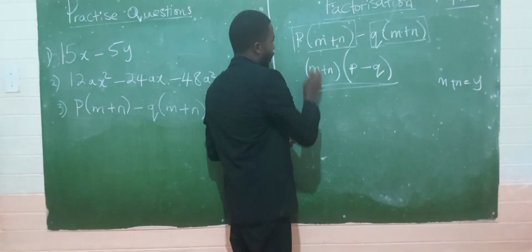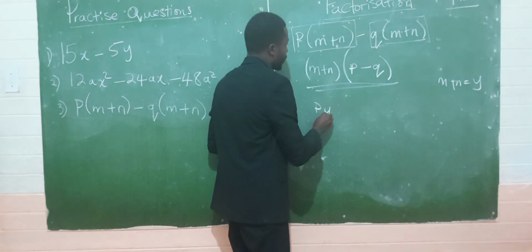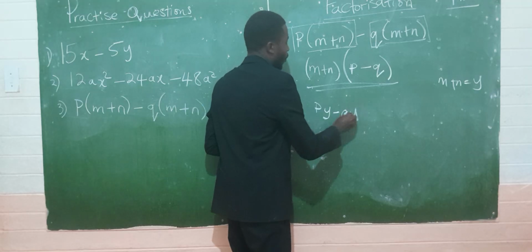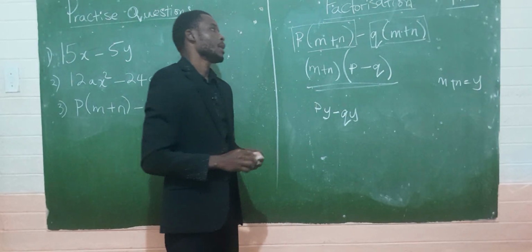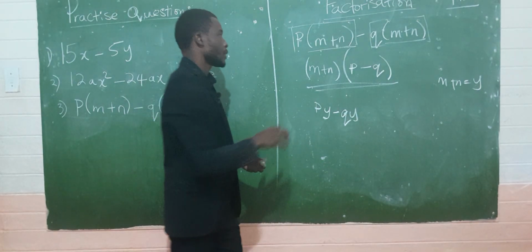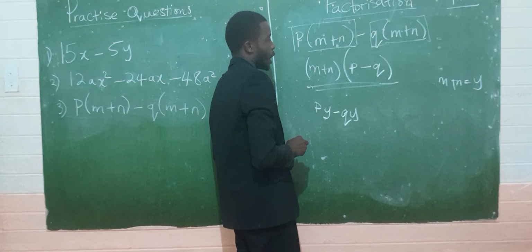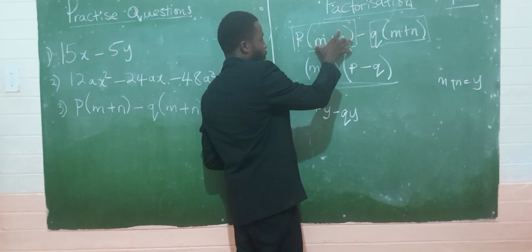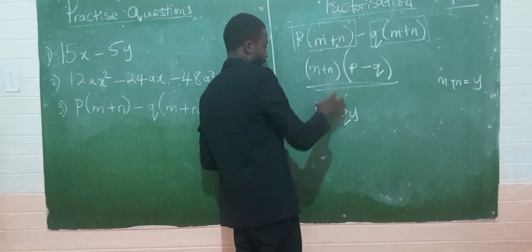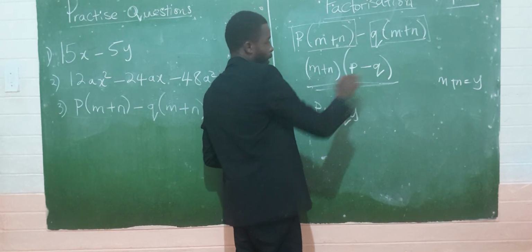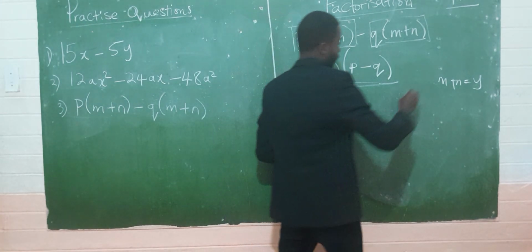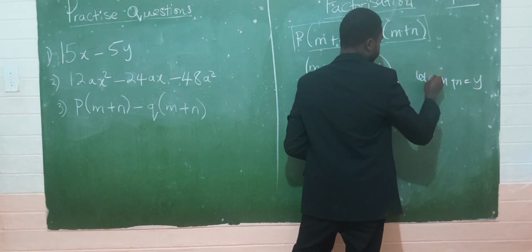That means I can write py minus qy. Why? Because m plus n, I've made it to be the same as y, and wherever I saw m plus n, I was using y as I have written it here.